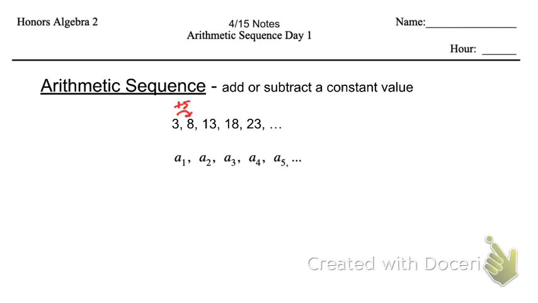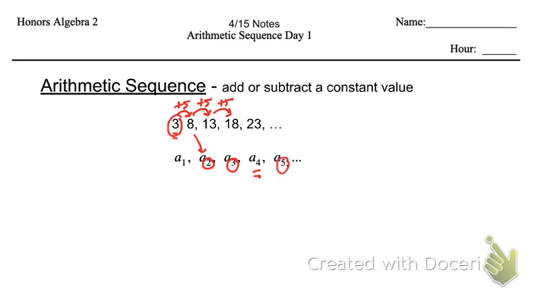So to go from 3 to 8, we added 1 five. Well, 8 is the second term, and notice how many 5s you added: 1. To go from the 8 to the 13, we would add 5 again. So to get to the third term, if we start at the first, how many 5s did we add? We added 2. To go from 13 to 18, we add 5 again. So to get to the fourth position, if we start at 3, how many 5s do we add? 3.